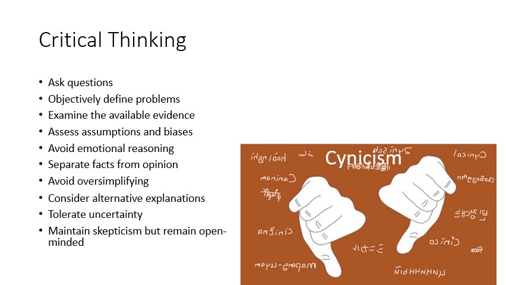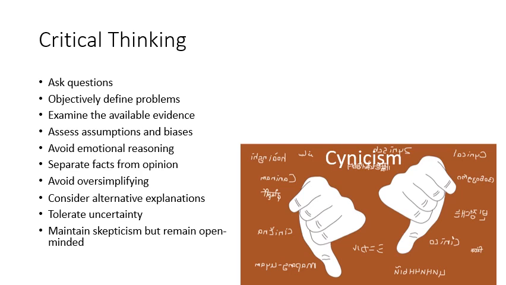We'll consider alternative explanations for our answers. Instead of just assuming A leads to B, we'll consider whether there's any other factor that might explain that relationship. We'll tolerate uncertainty. Uncertainty is uncomfortable, and we have to learn to get comfortable with not knowing, with not having adequate evidence. And we want to maintain skepticism, but remain open-minded. And what do we mean by skepticism?